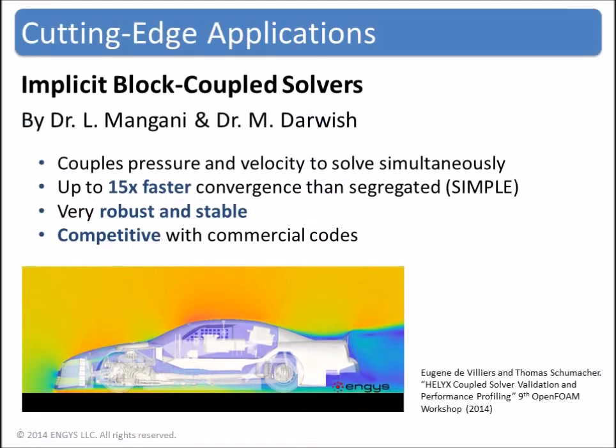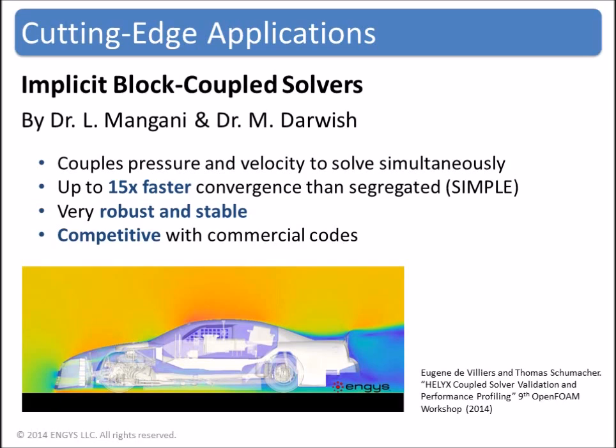The next notable application is an implicit block-coupled solver developed by Dr. Mangani and Darwish. It is a methodology that couples pressure and velocity solving simultaneously rather than sequentially. So it's different from a segregated approach, which we'll talk about this afternoon with a discussion about SIMPLE and PISO.